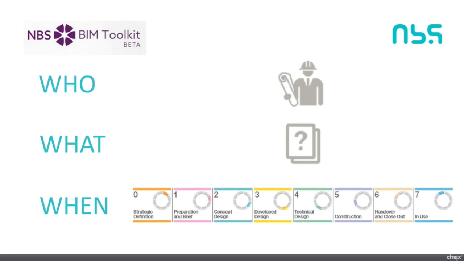And of course you can ask for the same thing across all the stages and collect information from stage to stage and then compare how things change. How does the cost of the ceiling change from its estimate, perhaps at stage 2, right through to its completion during 5 and 6. So the toolkit is very much about who's going to provide what information and when. So the stages of the project are shown on the bottom screen there, 0 right through to 7.